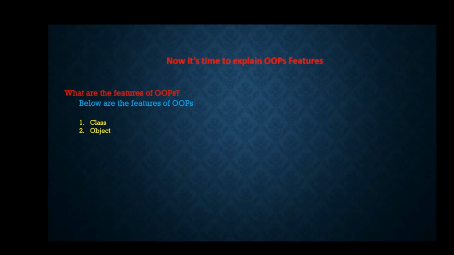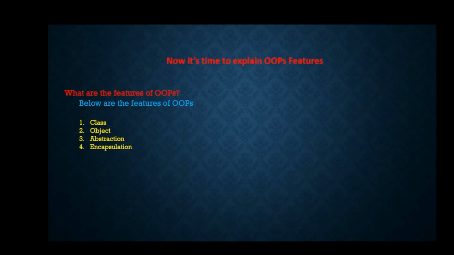Once we write the class and object, how do we hide the important information? That is what is called abstraction. I will explain in detail, but I'm writing down all the features first, then I will explain one by one. So abstraction, and another one is encapsulation.